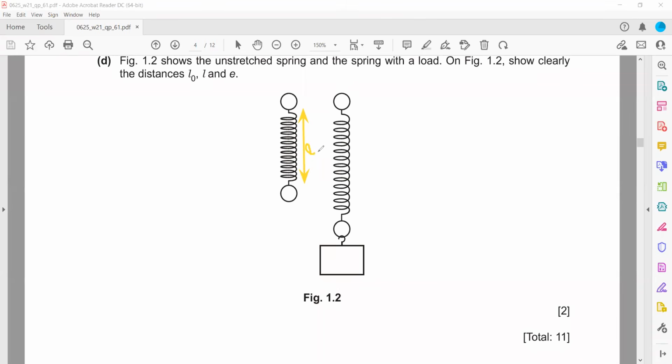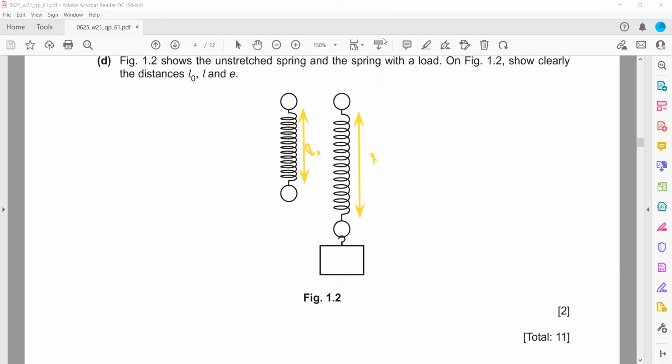Then we measure L from the same point. The starting and final position for L and L naught should be the same, only their lengths will be different. So this is L and this one is L naught.